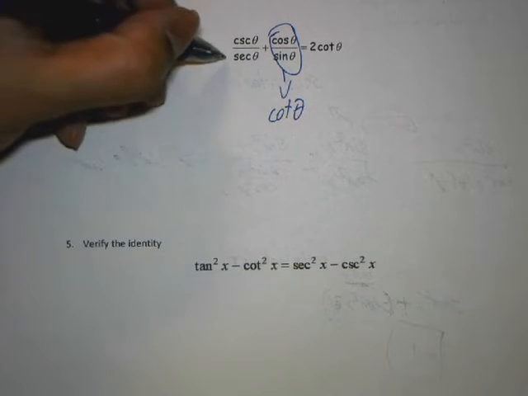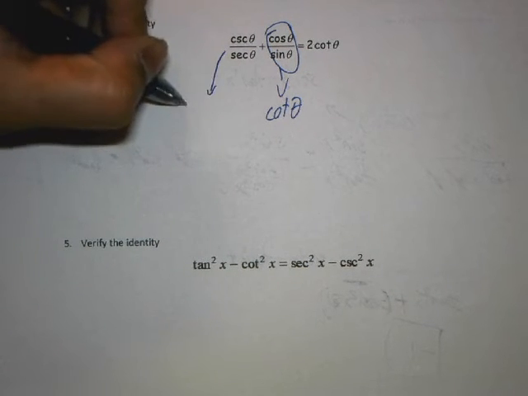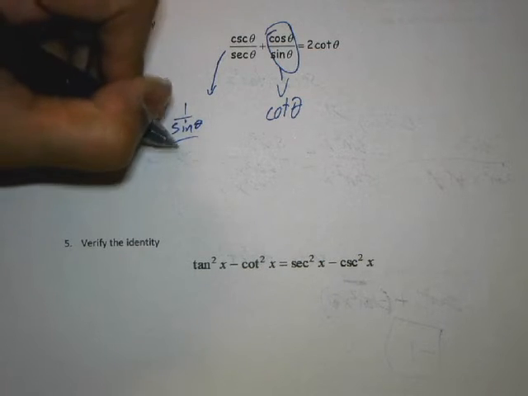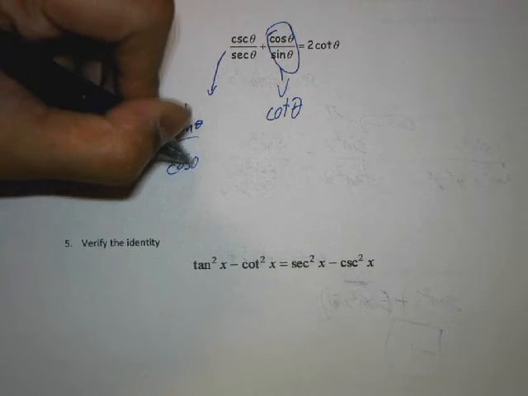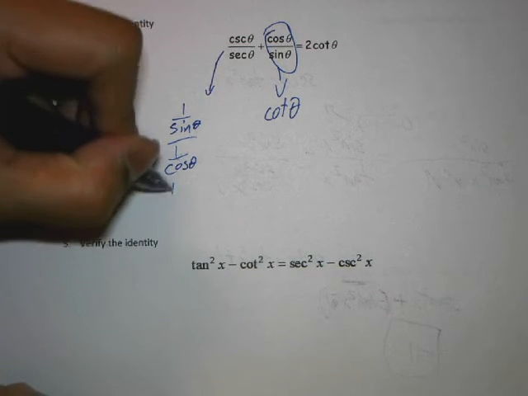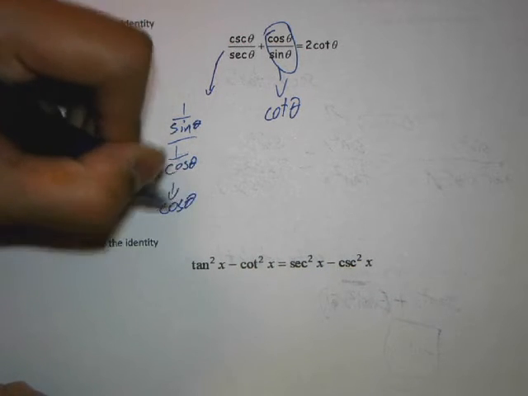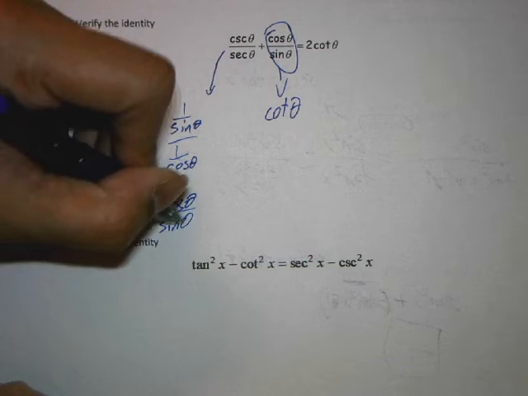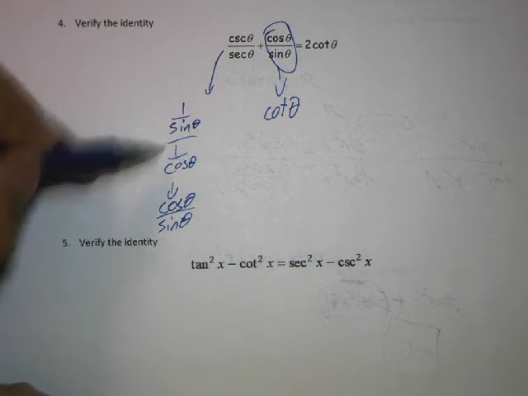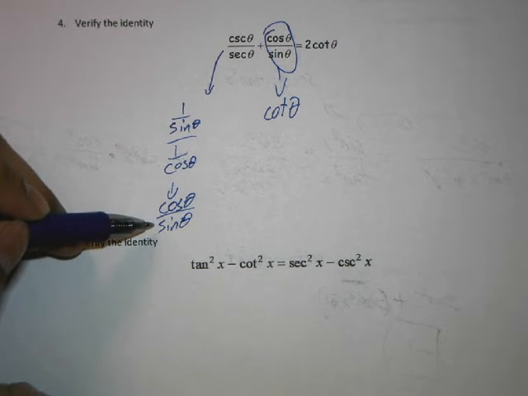Well, let's start out by making this into 1 over sine and 1 over cosine. If you flip and multiply and simplify, you're going to get cosine theta over sine theta. So we've kind of said break it down, flip, and assemble them again.